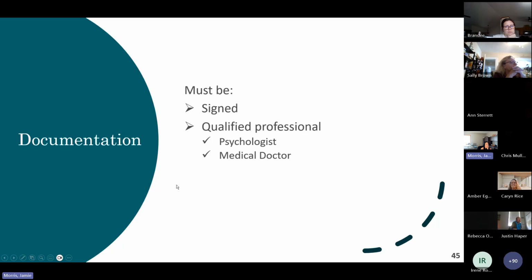I did put this in here just to make sure we understand that the documentation that we're looking at or using as verification must be signed by a qualified professional. And these are just some. So we have a psychologist, we have a medical doctor, there might be a psychiatrist, and if we're looking at the vision, that would be an optometrist. But we need to make sure that that is included.